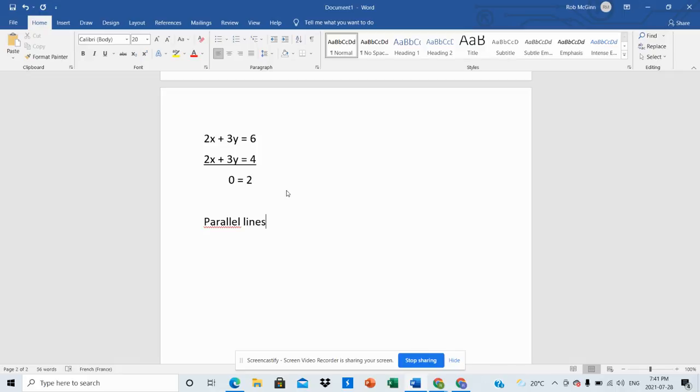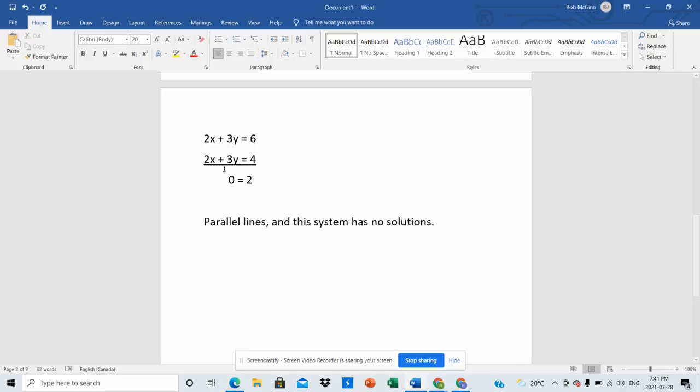So you know it's parallel lines whenever you get that untrue statement. You eliminate all your variables and you get something like 0 equals 2. You know that can't be the case. That tells you that it's parallel lines, and this system has no solutions.